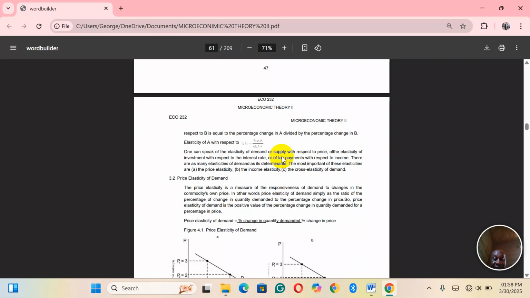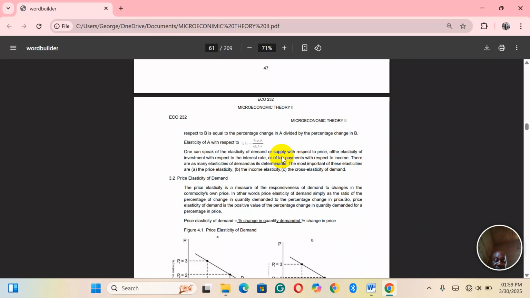So, price elasticity of demand. The price elasticity is a measure of the responsiveness of demand to a change in the commodity's own price. In other words, price elasticity of demand is simply the ratio of the percentage change in quantity demanded to the percentage change in price.